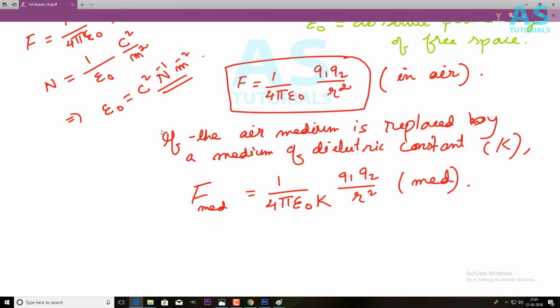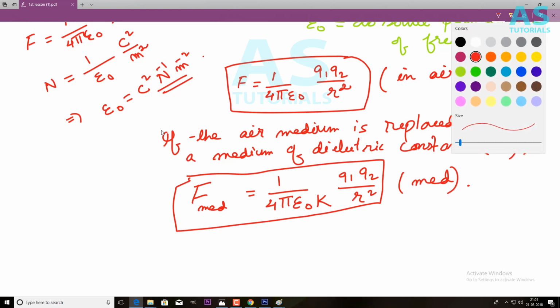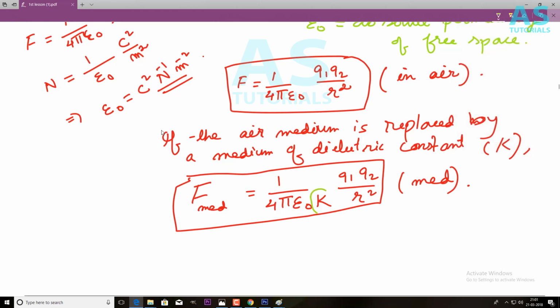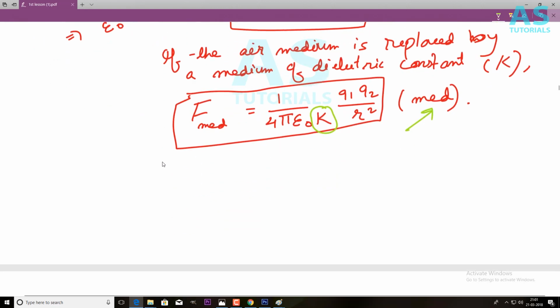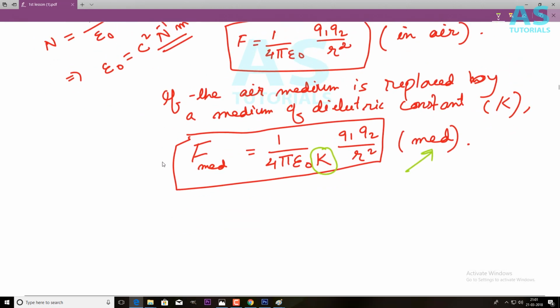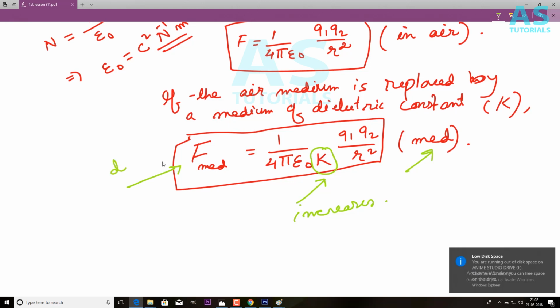So this is the main difference between the two forces. Once you see K here, you have to understand that the two charges are now in a medium other than air. And when the value of K increases, the magnitude of the force will decrease.